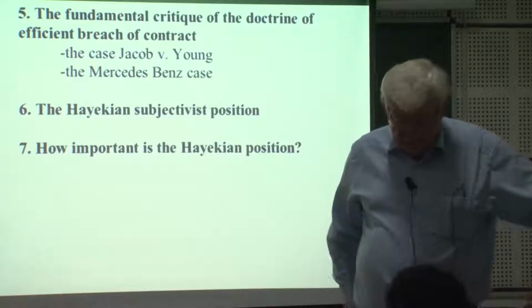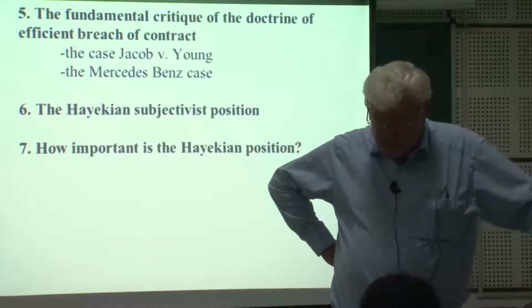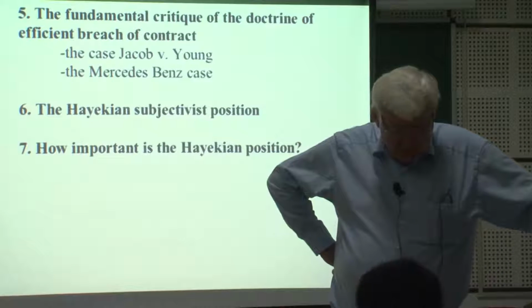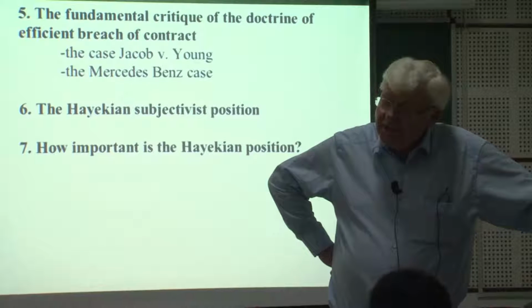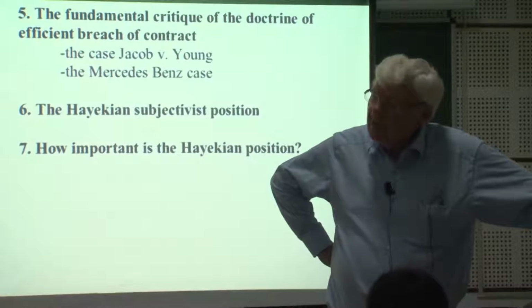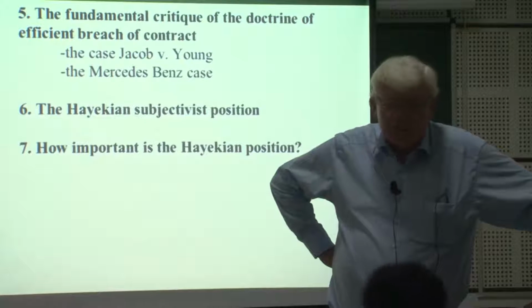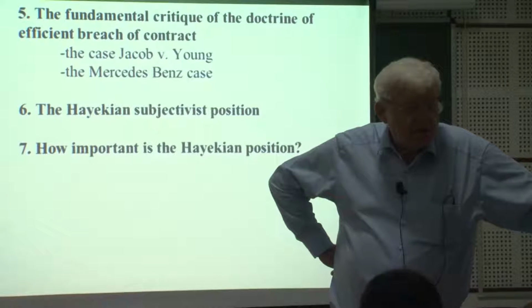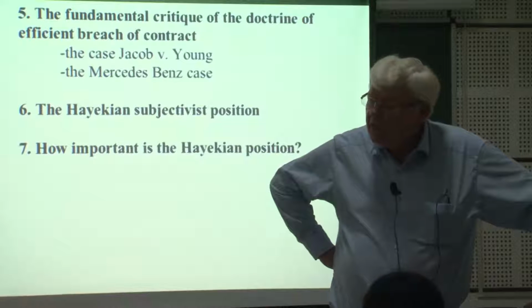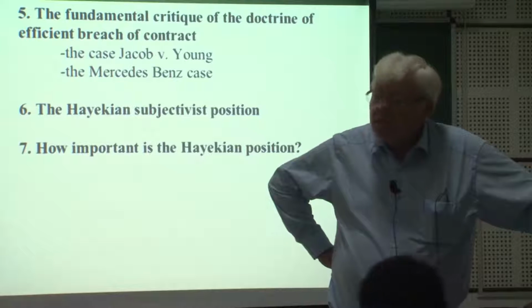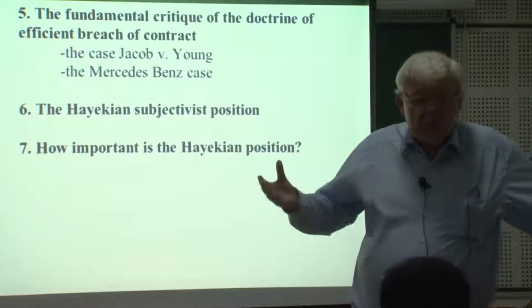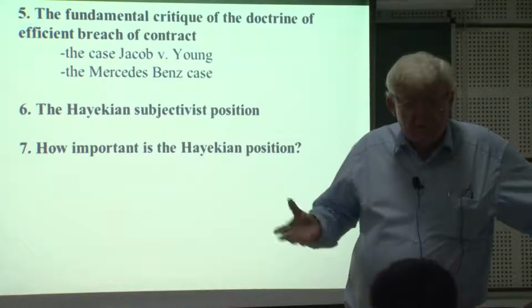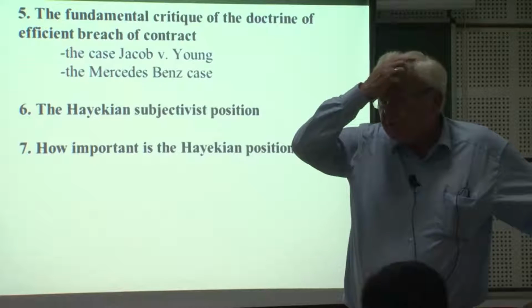So these critics say that compensation of expectation damages leads systematically to undercompensation, just as compensation for takings. You know, if people lose their land, for instance, then they are not compensated for losing their homes. This sentimental value is not compensated.